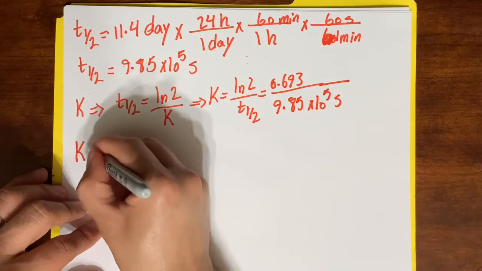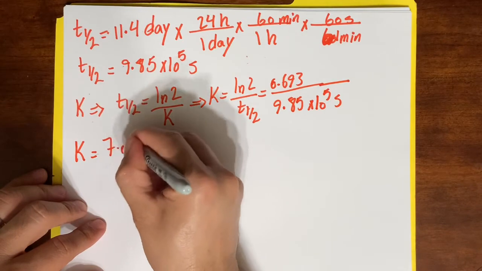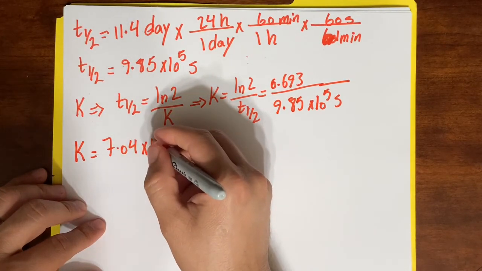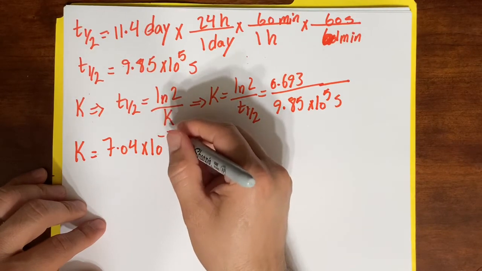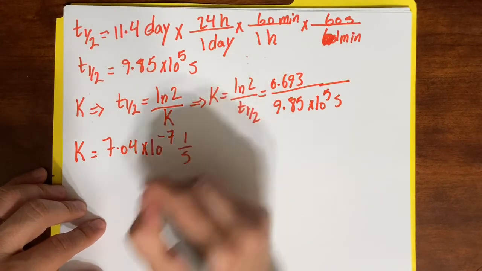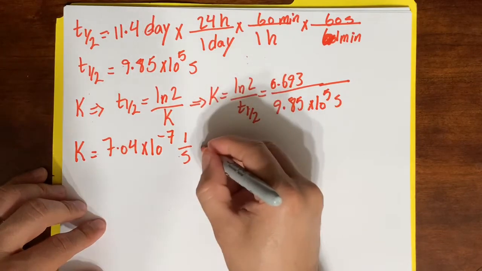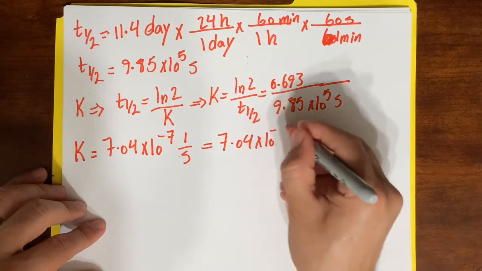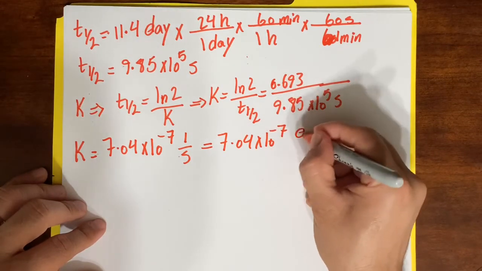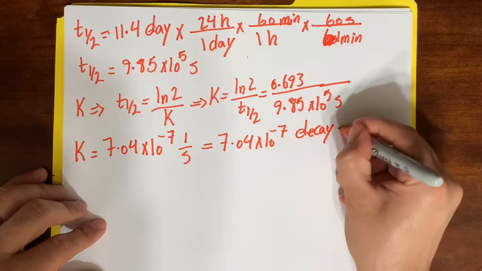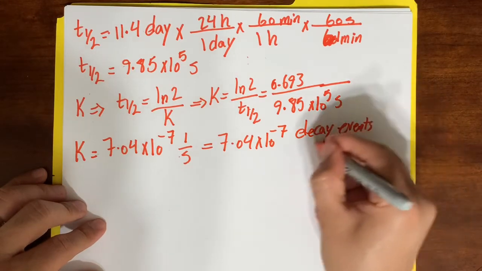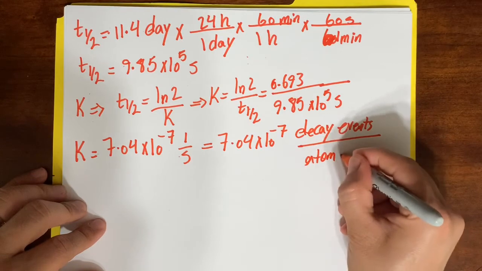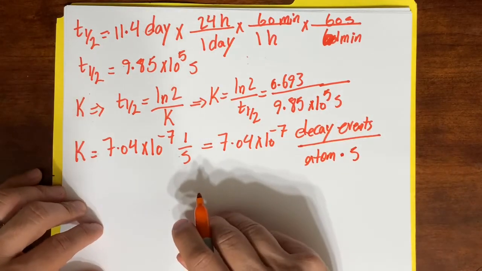K will be equal to 7.04 multiplied by 10 to the power of minus 7 per second, which is equal to 7.04 multiplied by 10 to the power of minus 7 decay events for 1 atom in 1 second.